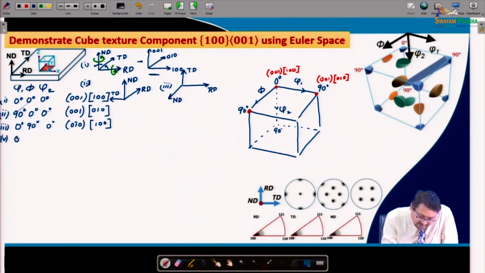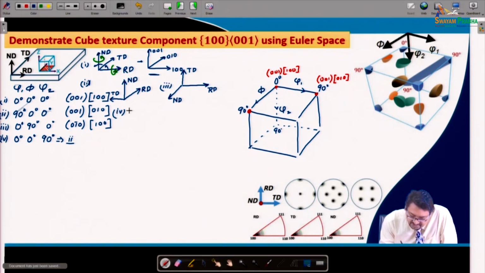Similar way, if we go ahead and this situation where phi 2 equal to 90 is given, following phi 1 equal to 0 and phi equal to 0, is similar to that of the second situation, where phi 1 is given 90 degree rotation. So, you see that this is a situation where we are giving a rotation like this. Let me show you that 4 is basically similar to this one, where we have rotated using the right hand thumb rule ND by 90 degree.